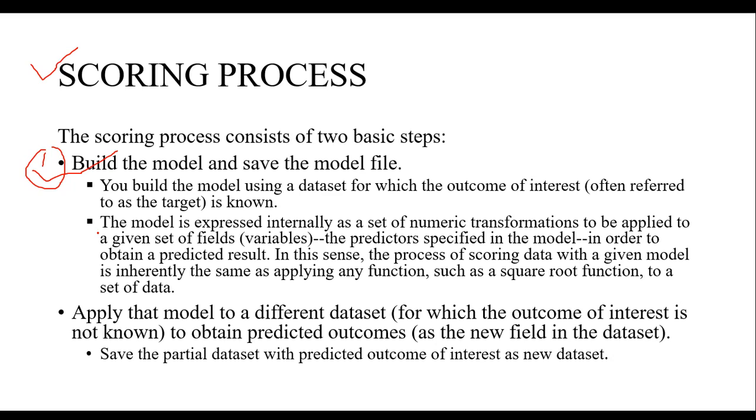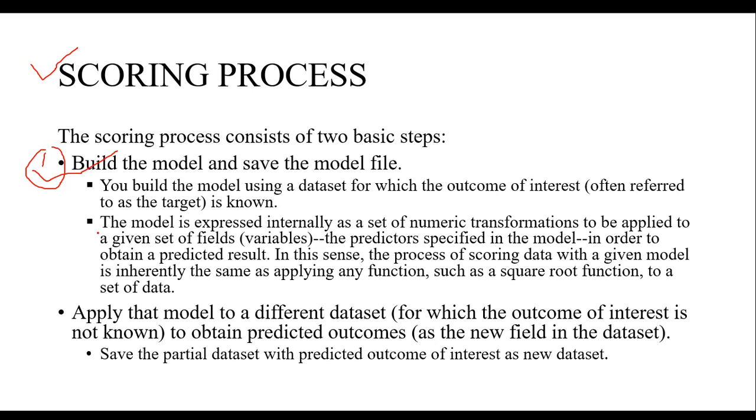When you save the model file, it basically expresses internally the set of numeric transformations to be applied to a set of fields or variables. Correct. So whatever the predictive variables, some numeric transformation happens to them, so that the predicted result can be obtained.